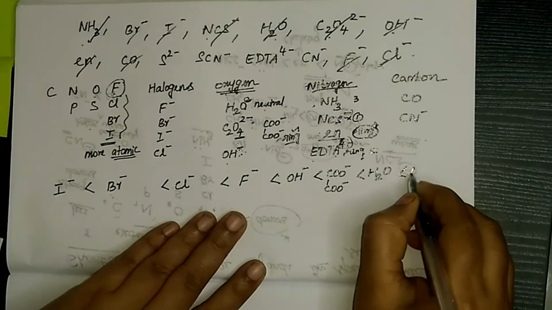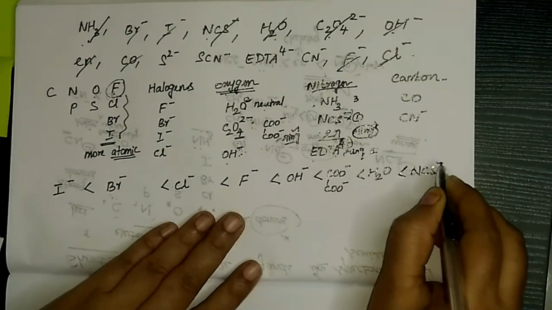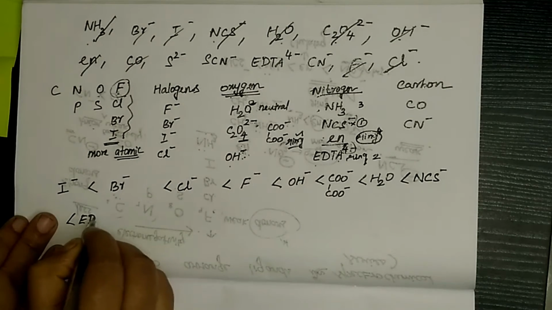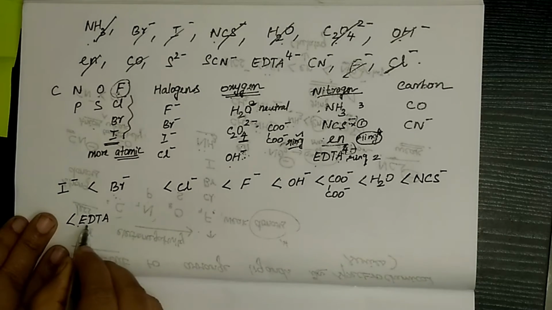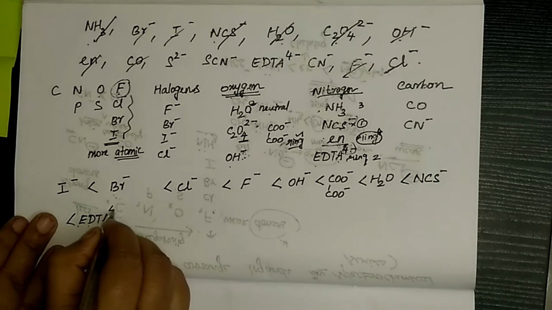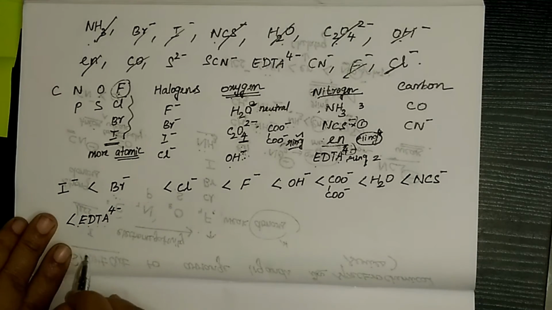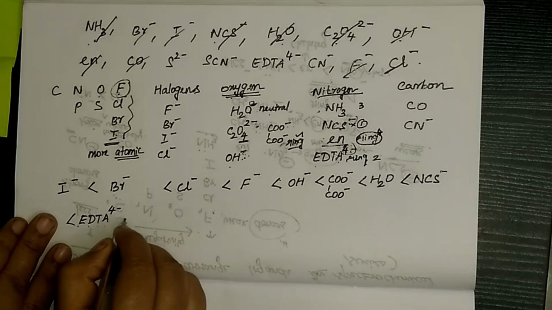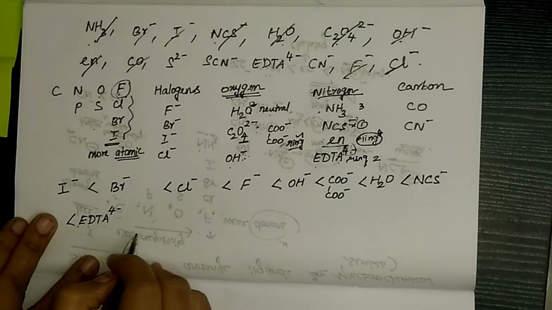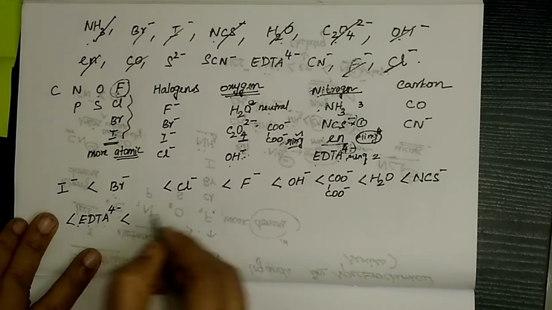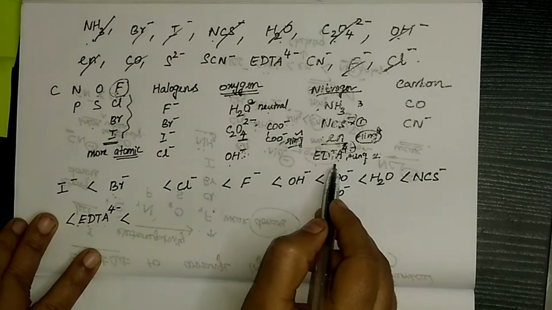See here, NCS is weaker, and then comes EDTA. EDTA is ethylene diamine tetraacetate, which forms a ring. In this, you have 2 nitrogen atoms, that is the donor. You have also your oxygen donor, but nitrogen we are taking into consideration.